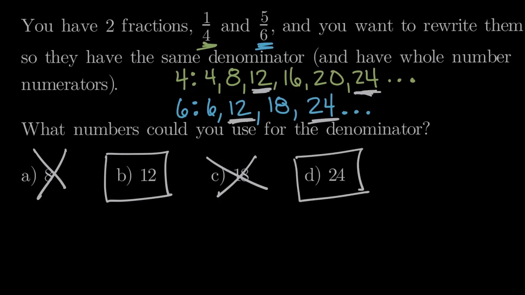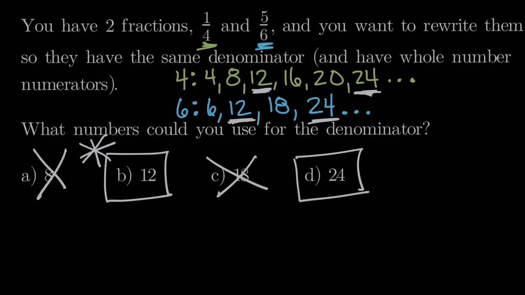So we could use either 12 or 24, and there's a lot more numbers we could use too as common denominators, but from these choices, we could use 12 or 24 as a common denominator for fourths and sixths. And just a note, lots of times people like to use the smallest one, the least common denominator, which in this case is 12.